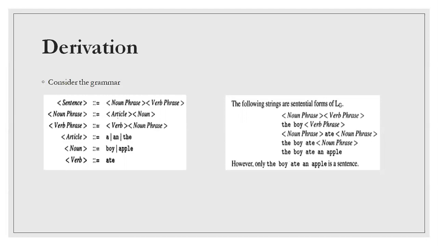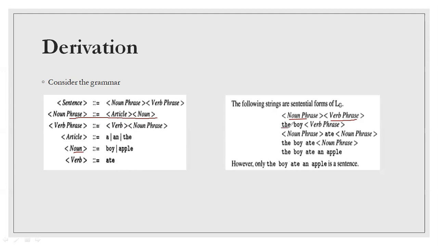Sentence is noun phrase and verb phrase. You can see here noun phrase, verb phrase. Now, what is there in the noun phrase? Noun phrase is a collection of article and noun. What is article? Article is either a or the.